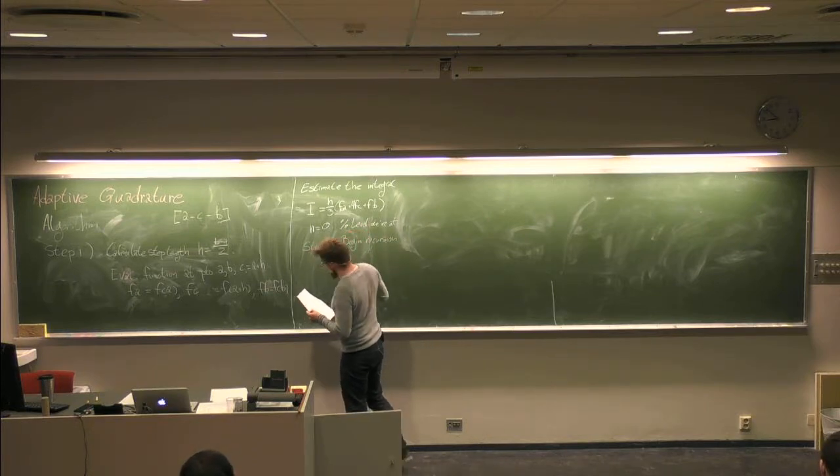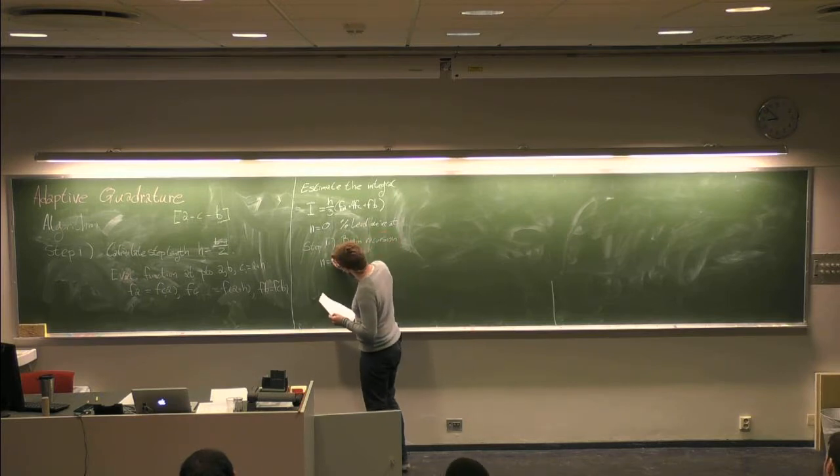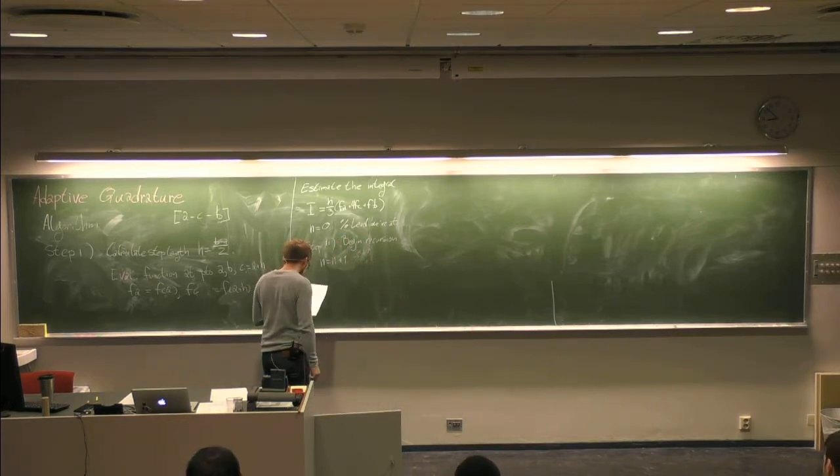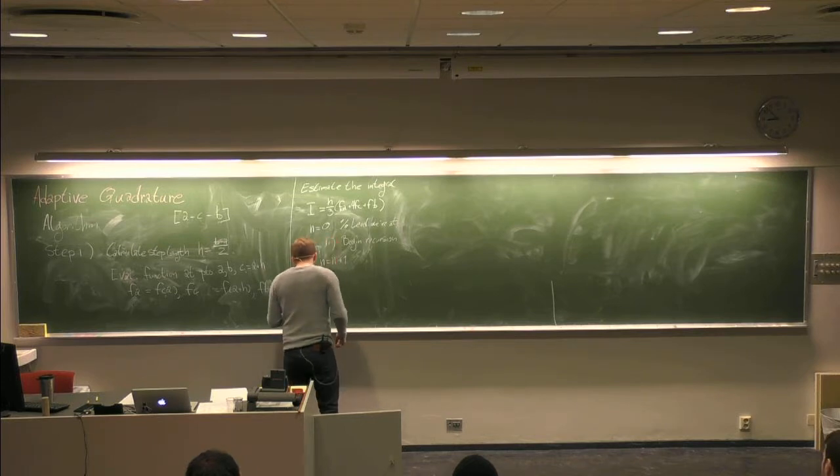This means that we are going one level down. So n equals n plus 1. And then we need to find a midpoint. Well, that's actually wrong.